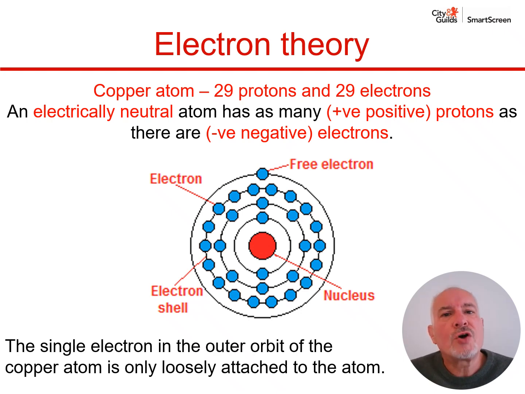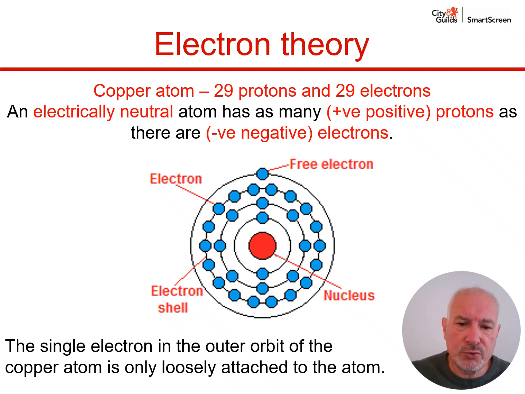And that is because copper is such a good conductor of electricity. Indeed, that's why most of the conductors we use, the conductors within the cables that electricians install, are made of copper. They conduct electricity really well. Now, a copper atom has 29 protons and 29 electrons.